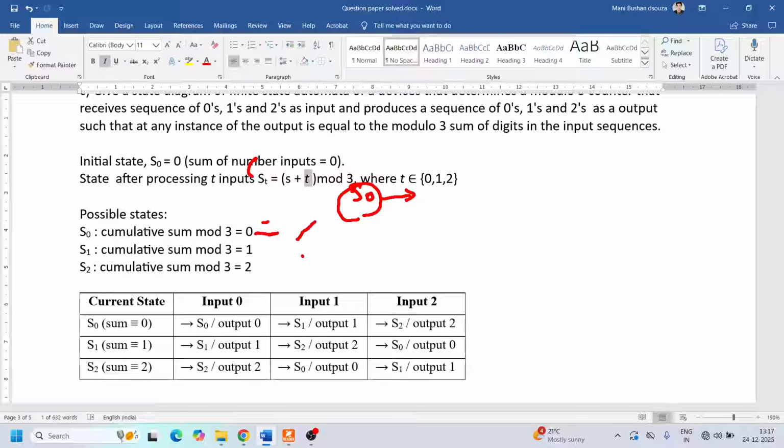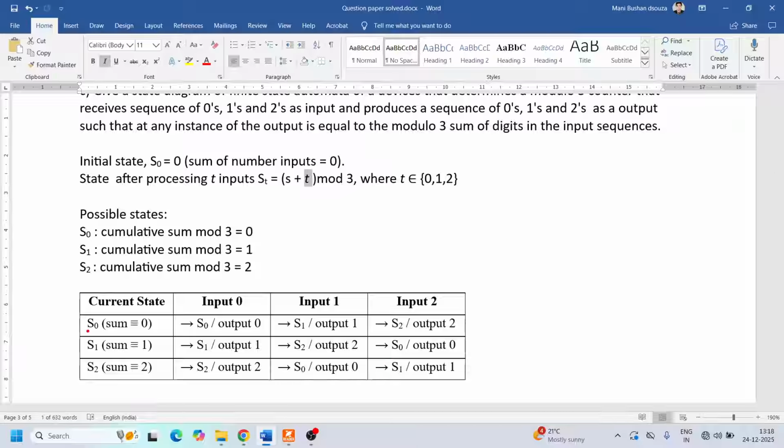Suppose you give input 1 as 0, input 2 as 0, and input 3 also 0. So 0 plus 0 plus 0, divided by 3, the remainder is again going to be 0 itself. That means you are at the same state. All the possible states are being shown over here.